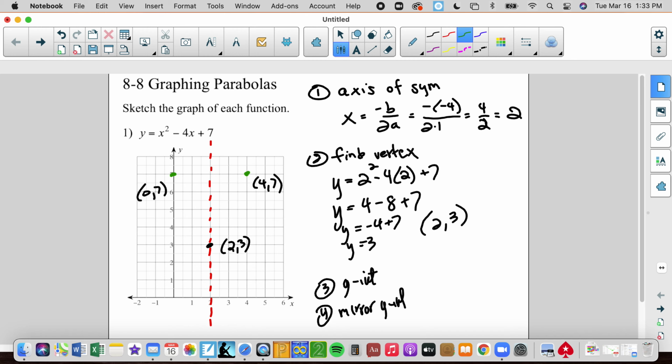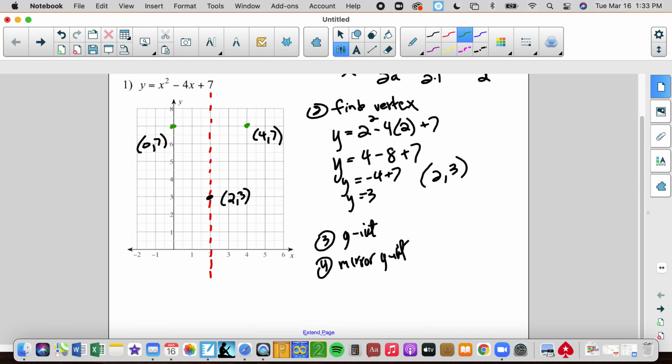I'm going to pick 1 for my x value, and I'm going to plug it into the equation, and I get 1 squared minus 4 times 1 plus 7, which gives me 1 minus 4 plus 7, which gives me negative 3 plus 7, which gives me 4.